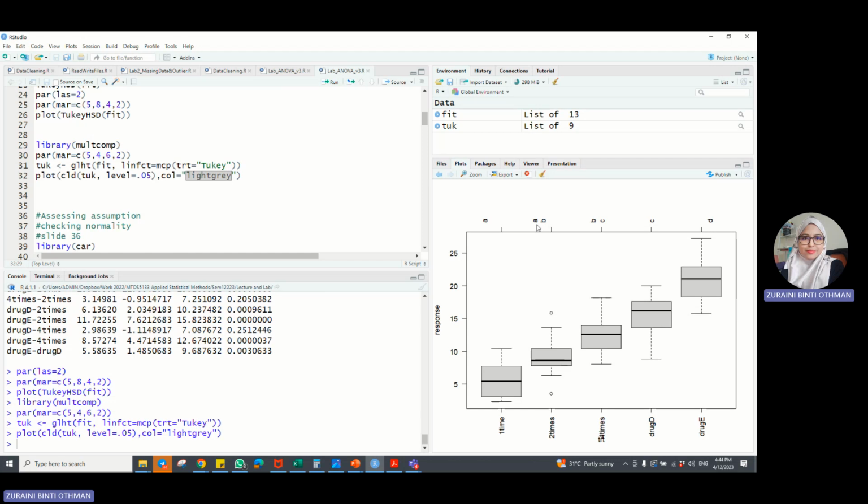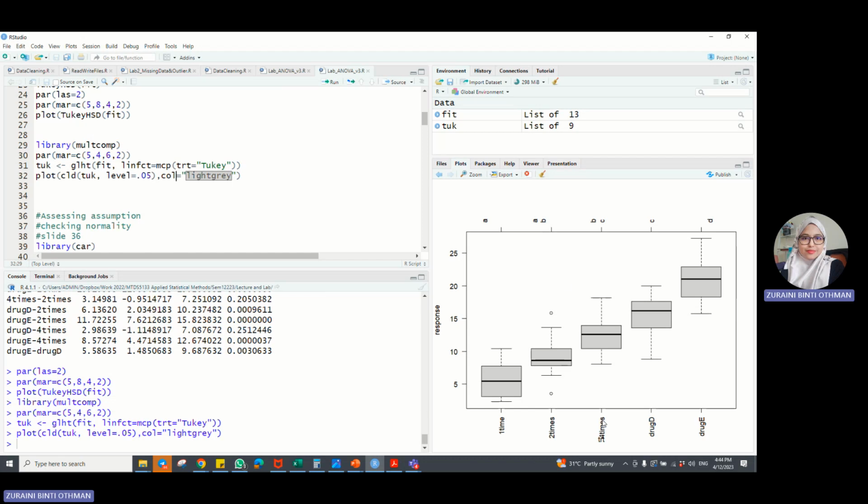And 2 and 4 times are also not significantly different, because they both have the letter B. But 1 and 4 are different.